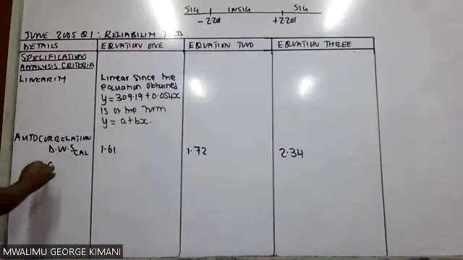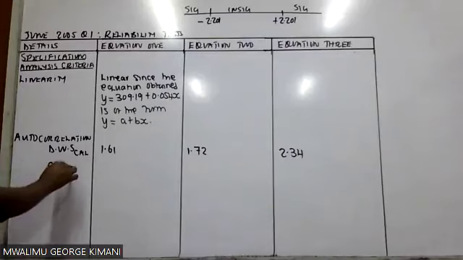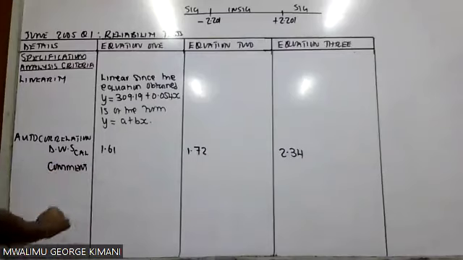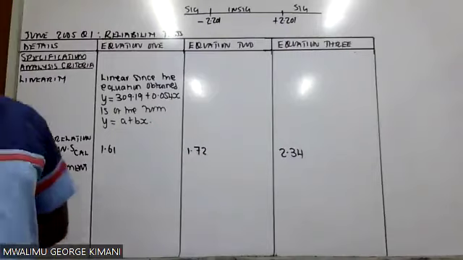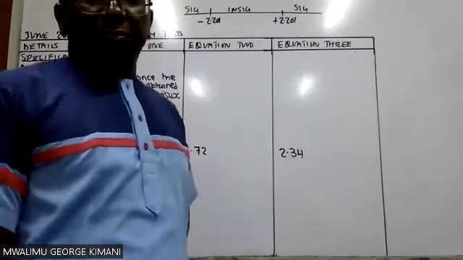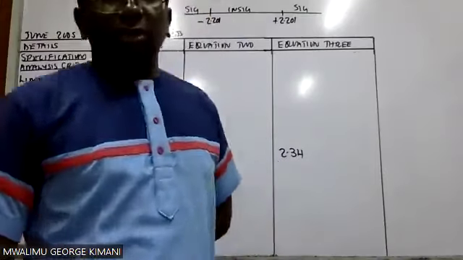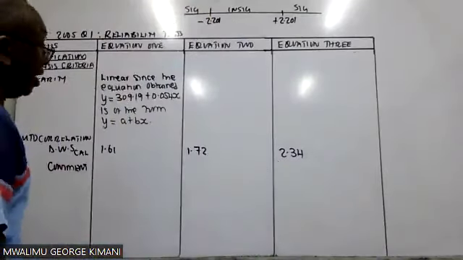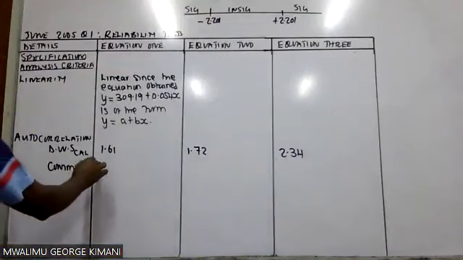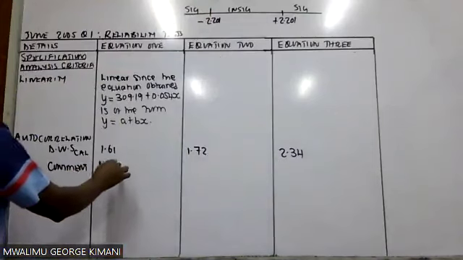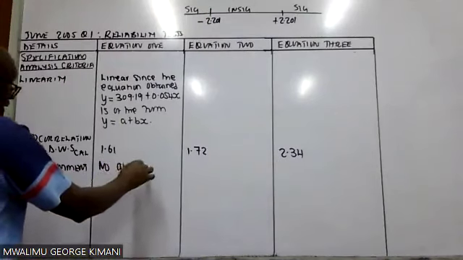Then the conclusion or the comment. We said if the Durbin-Watson statistic is between 0 and 4, there is no autocorrelation. So you can see all of them are within that range. You just say no autocorrelation.